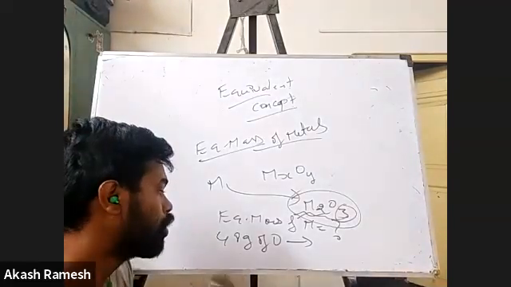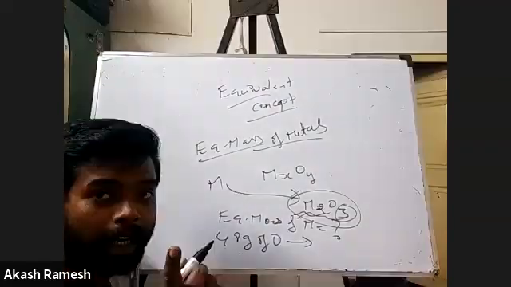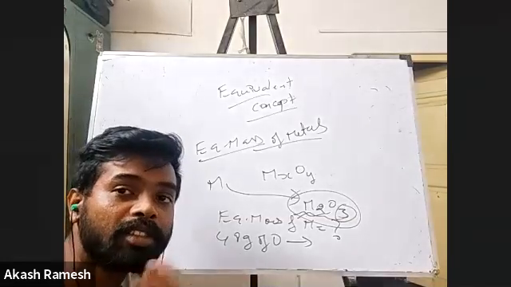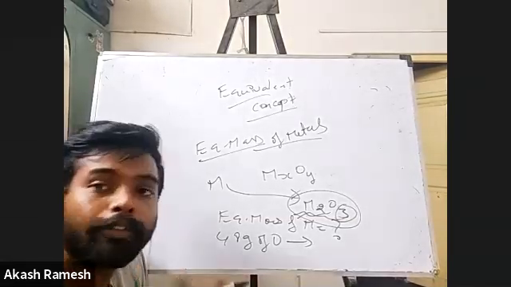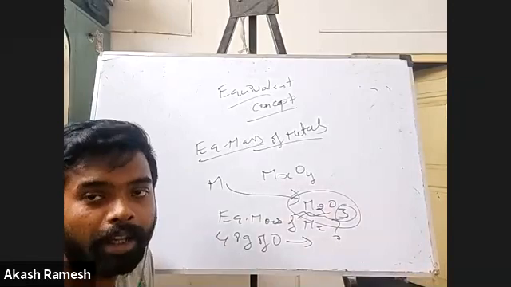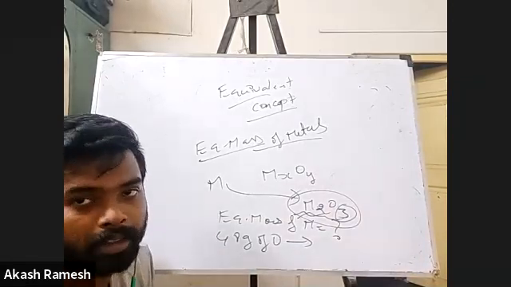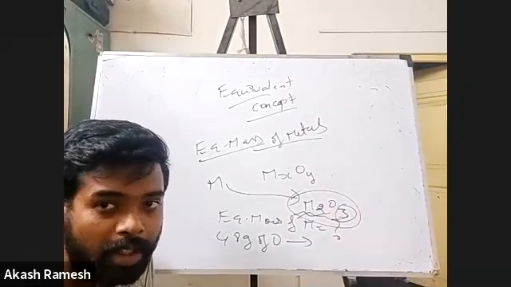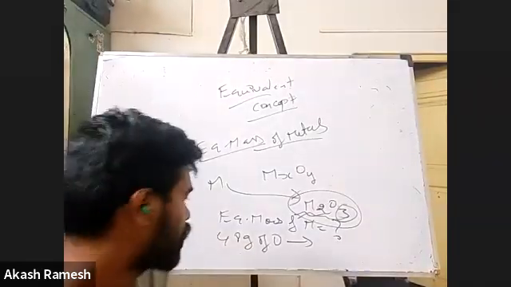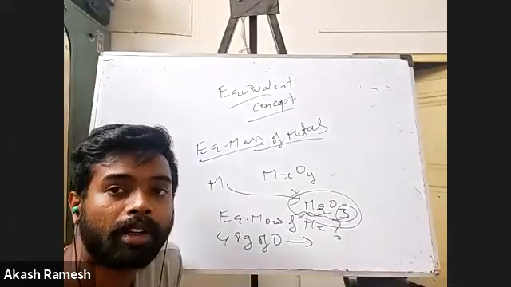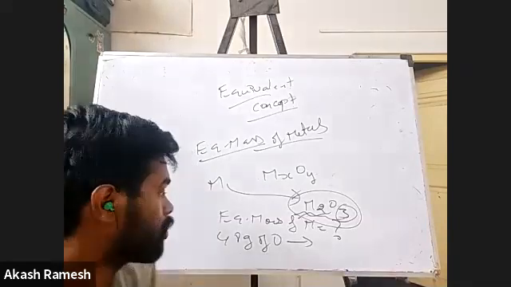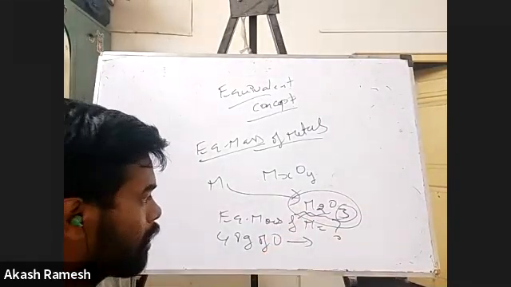Now, what I have to know is, by definition, if I have 16 grams of oxygen, how much metal is required is my equivalent mass.